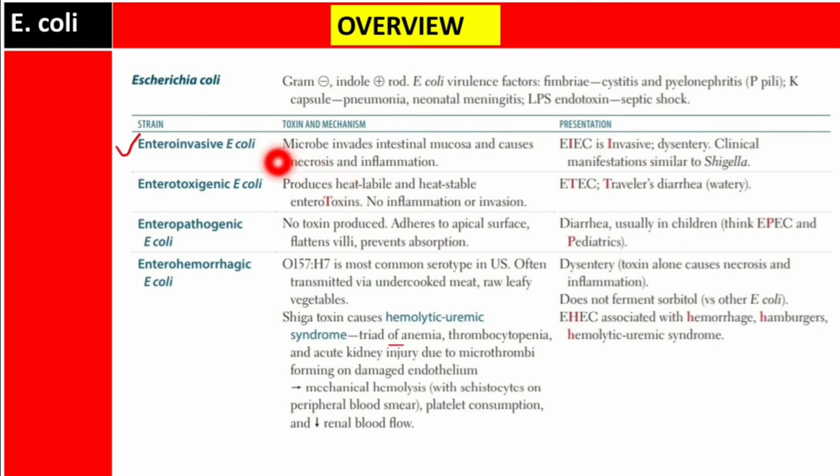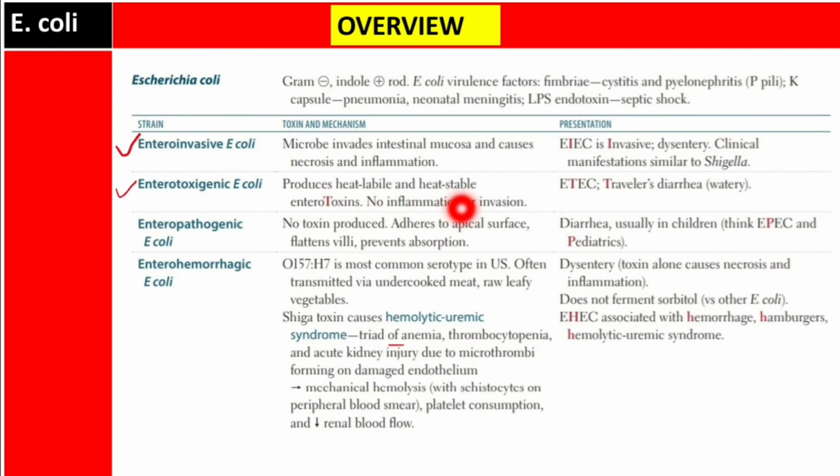Enteroinvasive microbes invade the intestinal mucosa and cause necrosis and inflammation. You see enteroinvasive, EIEC, I for invasive. It causes dysentery, and the clinical manifestations are similar to those of Shigella. The second one, enterotoxigenic, produces heat labile and heat stable toxins, or enterotoxins.